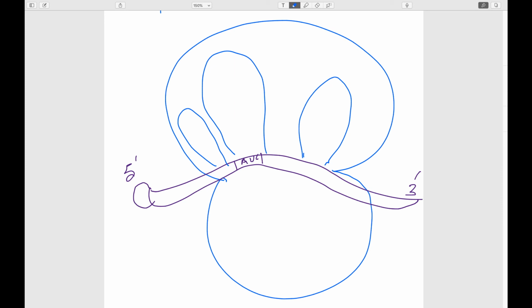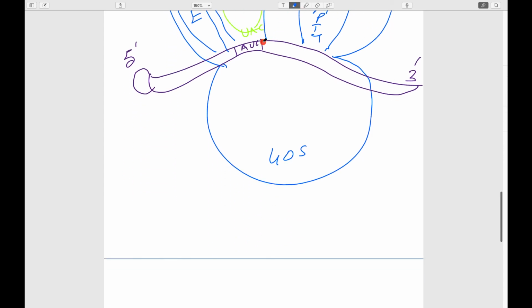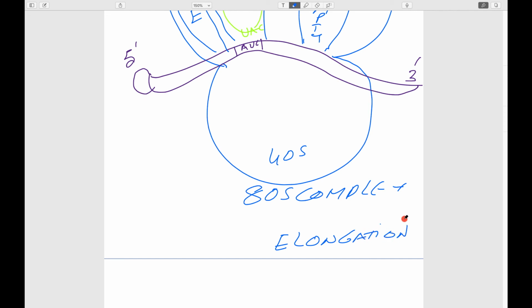In the P site there is the UAC methionine transfer RNA. The A site is empty. This is 40S, this is 60S. This is now the ATS complex, and it is ready for elongation.